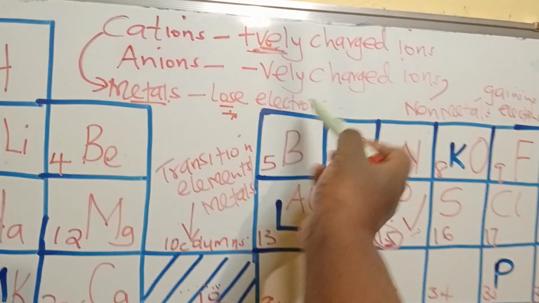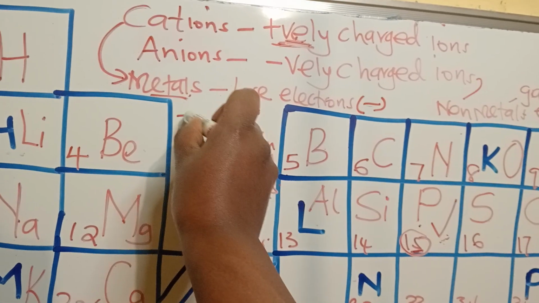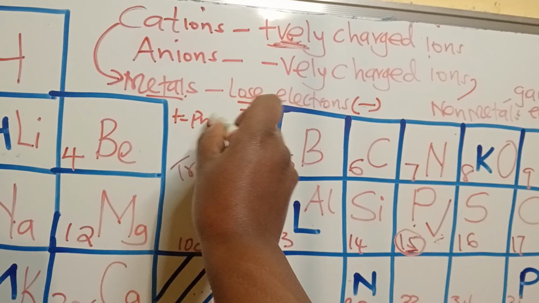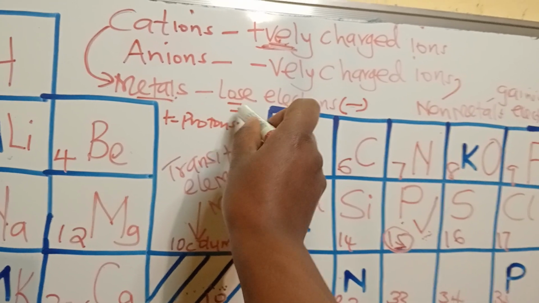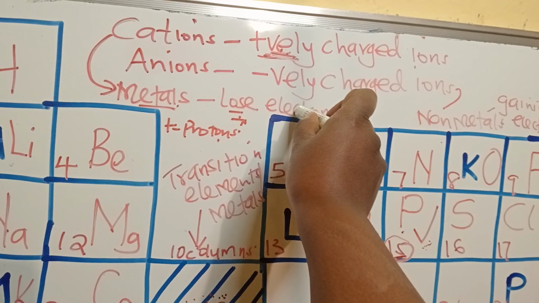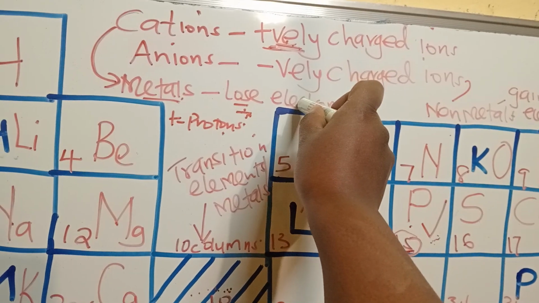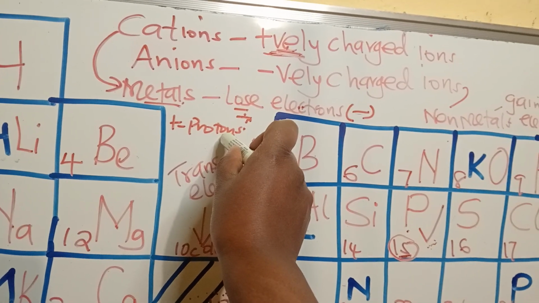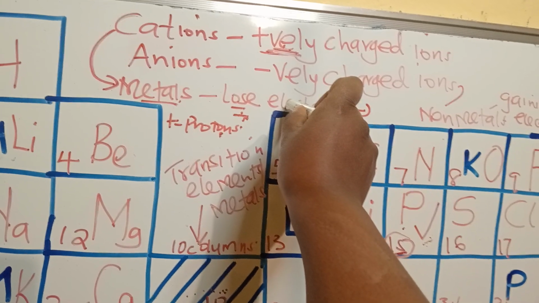Because for this case, electrons are negatively charged, and then we have the protons that are usually positively charged. And the number of protons and the number of electrons for any given atom are supposed to be equal.